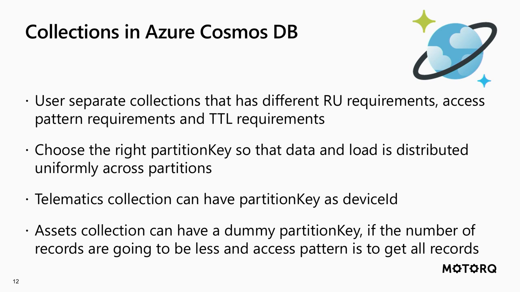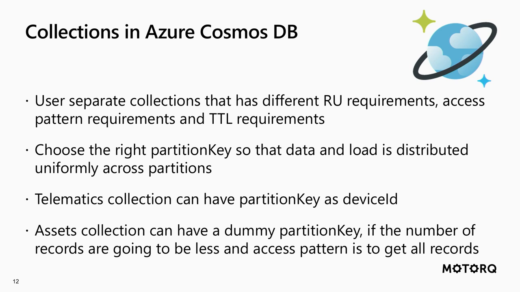In case I want to store device or vehicle data, I would create a different collection, because if you have a UI, you typically want to get all the devices and vehicles and then show them in the UI. In the telematics collection, I have partitioned using serial number. If I had stored the devices or vehicles in the same collection, then querying them would involve cross-partition queries, and that would consume high RUs.